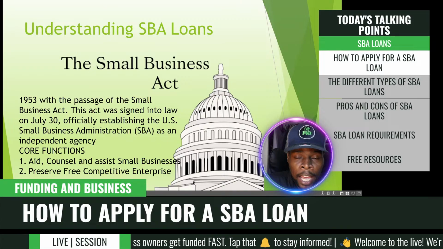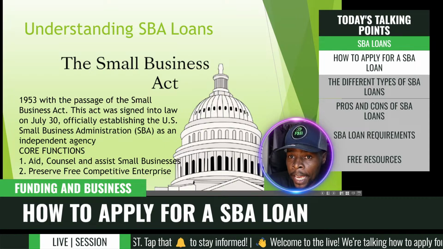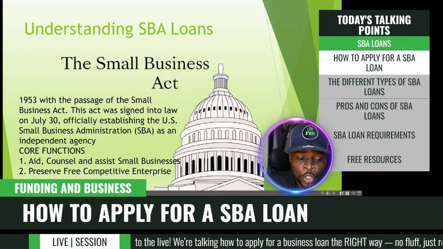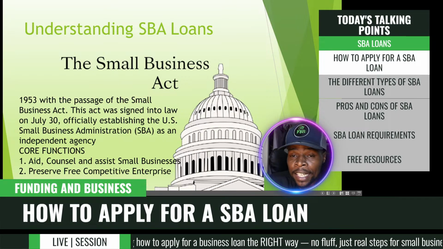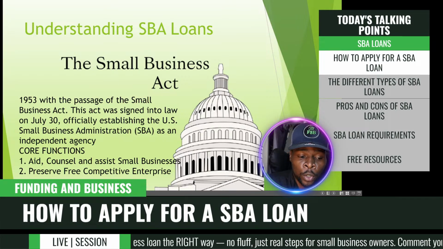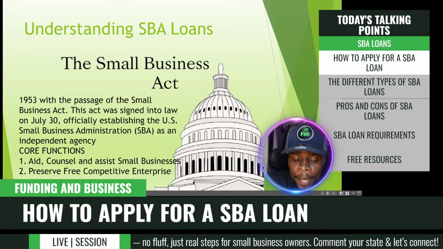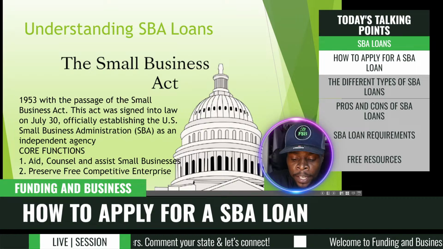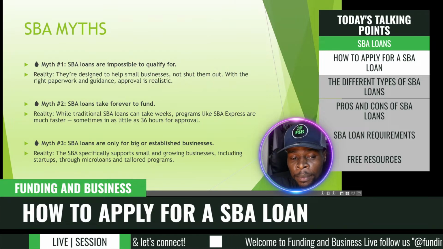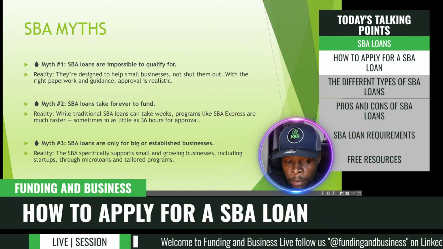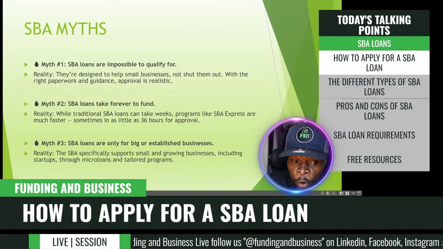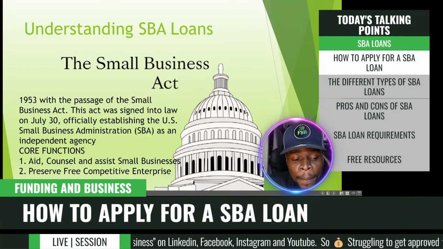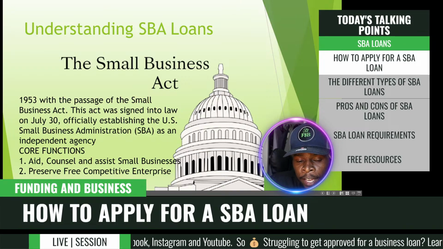The act established the SBA as an independent agency, and one of its functions was to aid, counsel, and assist small businesses, and also preserve free competitive enterprise. I don't want to go deep into the history, but that actually dispels some of these myths that say SBA loans are impossible to qualify for, because if you look at the Small Business Act, it was made to preserve free competitive enterprise.